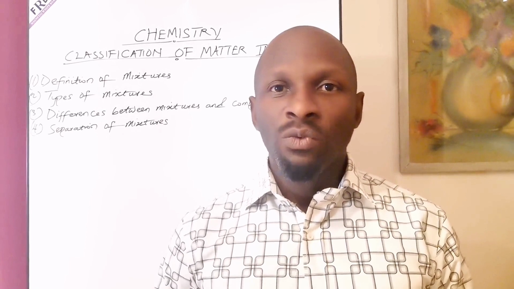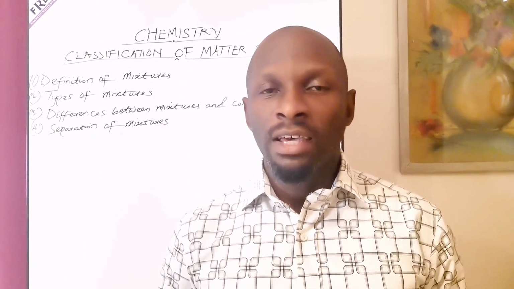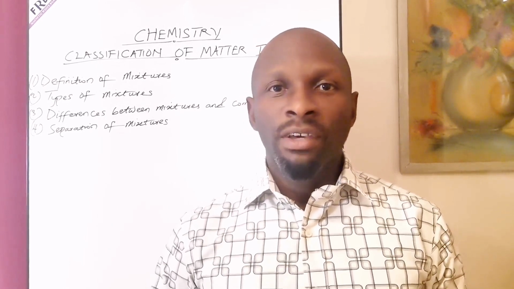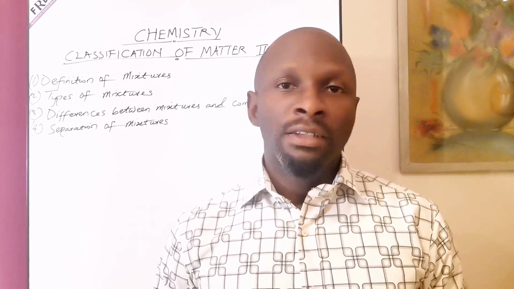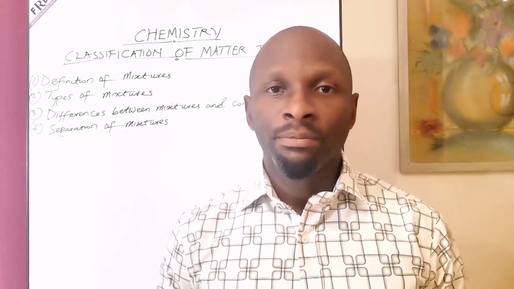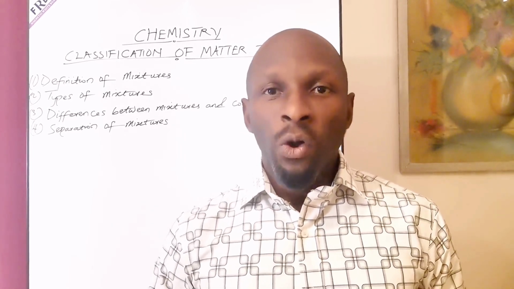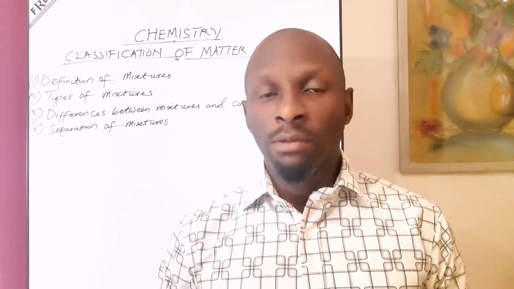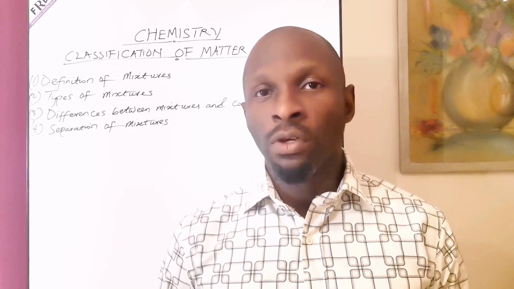And in that lesson, we went on to define elements and we said some things about elemental symbols. We gave examples of elements and we focused on the first 20 elements. We went on to define compounds as well, and we said some things about the chemical symbols or chemical formula.